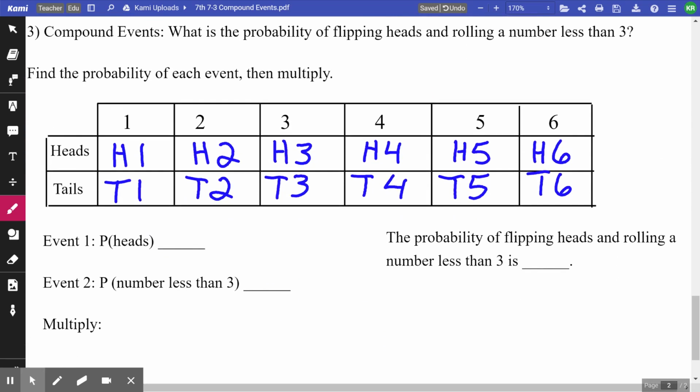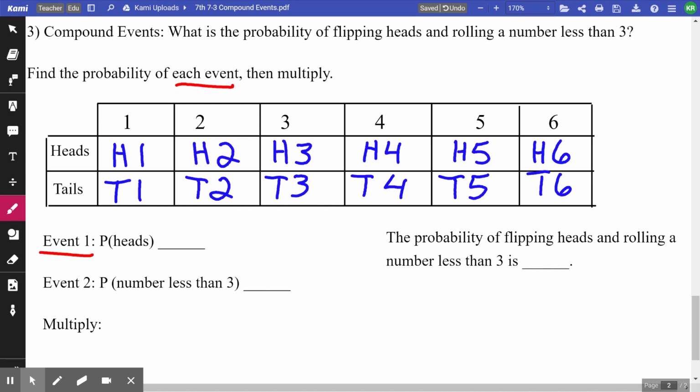Lastly, we're going to talk about compound events. Here, we're not just talking about possible outcomes, we're talking about the actual probability of flipping heads and rolling a number less than 3. So we need to find the probability of each event and then multiply. Event 1, what's the probability we're going to get heads? Well, there are only 2 choices, heads or tails.